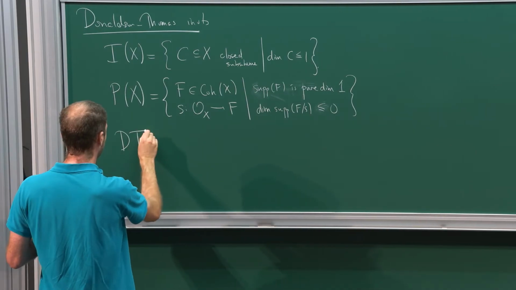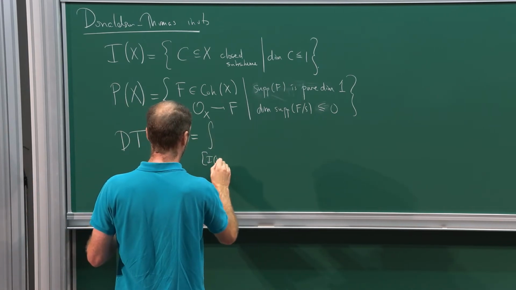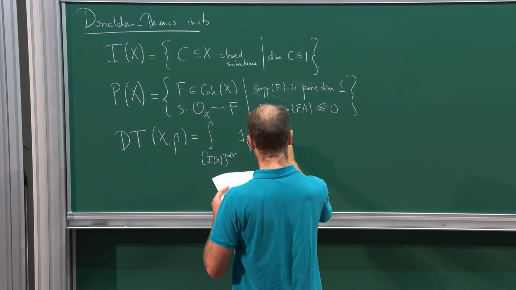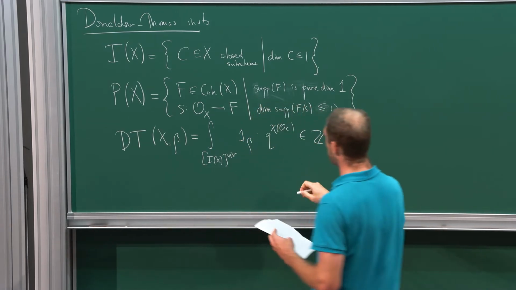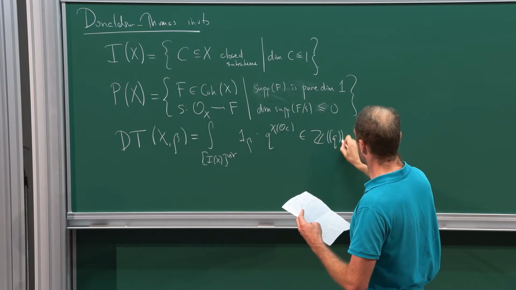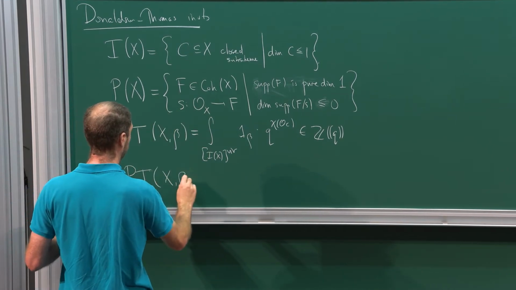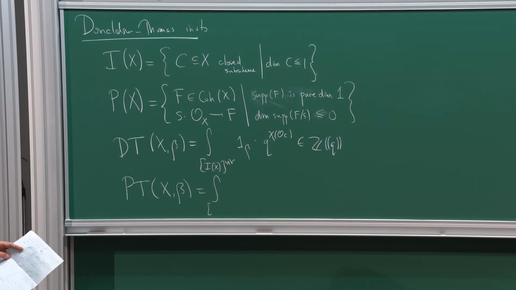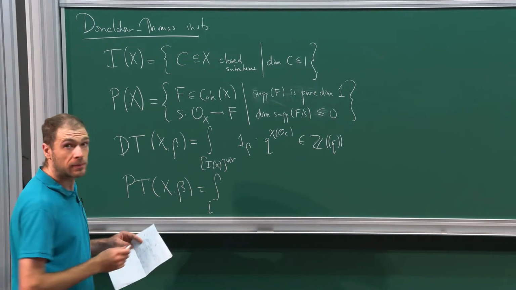So the Donaldson-Thomas invariants are the integral over this space, again, the stuff in homology class beta, and now we keep track of the holomorphic Euler characteristic of that closed subscheme. That's a formal Laurent series in Q. You have to define the virtual fundamental class of this.